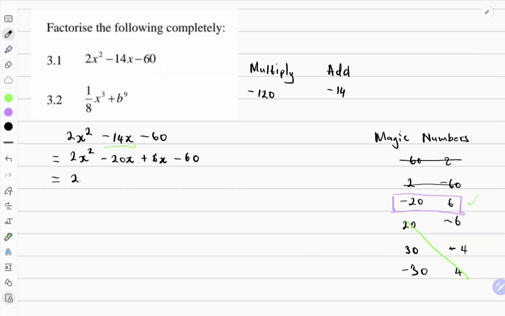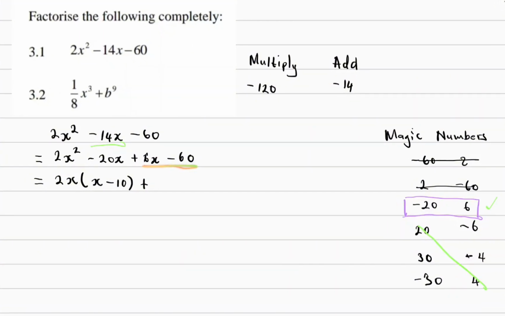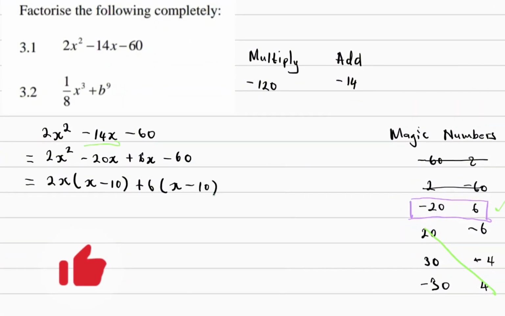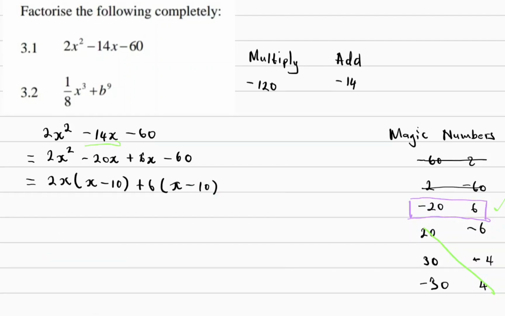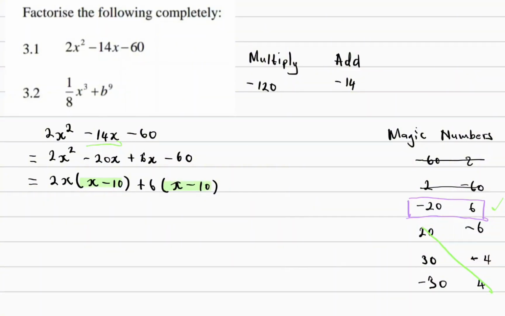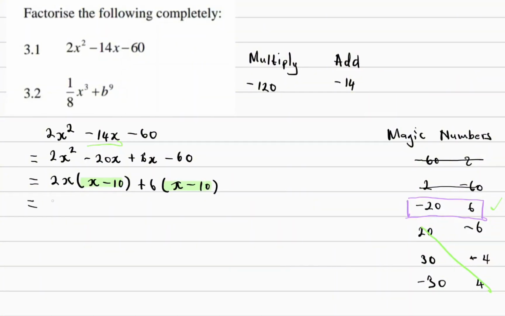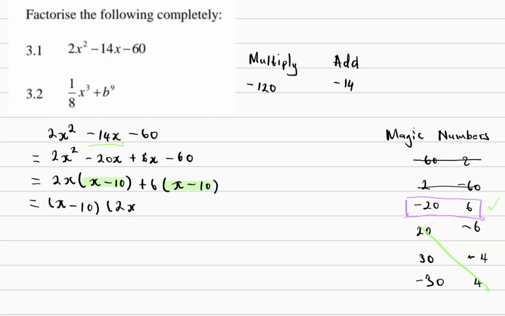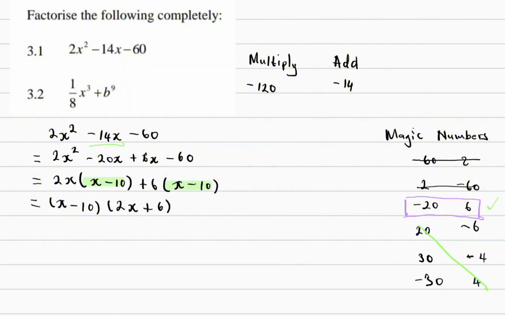So this equals 2x, and you're left with x minus 10, plus. In the third and fourth terms, you can factor out 6, and you're left with x minus 10. Then you'll notice in our new expression, we've got x minus 10 as a common factor. So you can factor that out, x minus 10, and you're left with 2x plus 6.